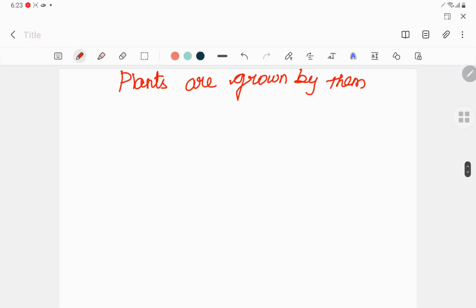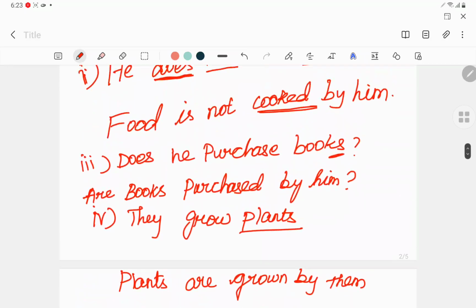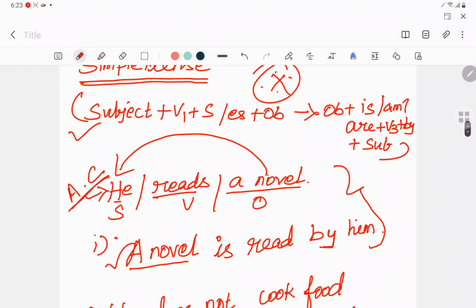And then if you go to the simple past, otherwise we can use a continuous tense also, present continuous. If you have present continuous tense, here we have simple present, so that's why we are using am, is, are.